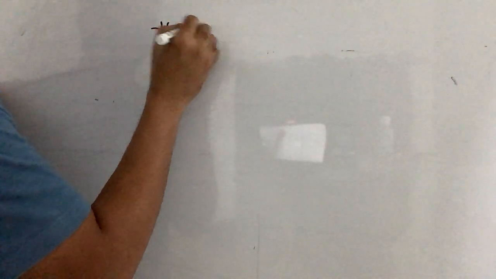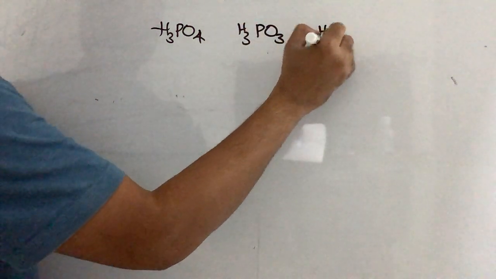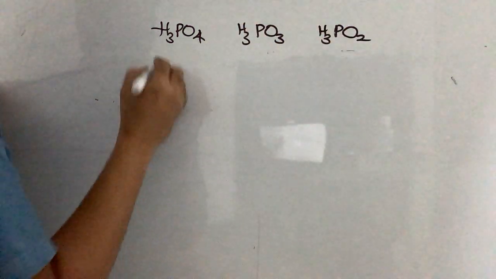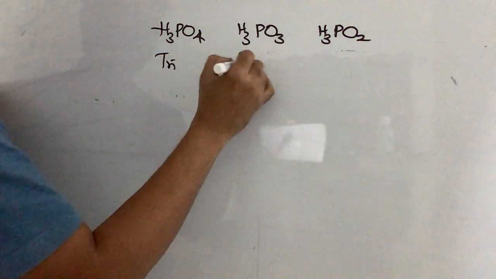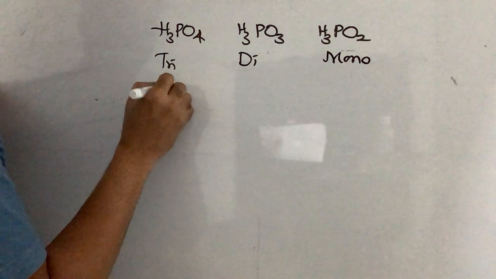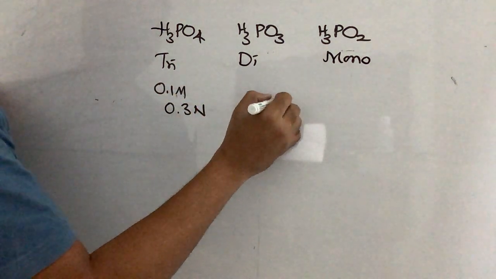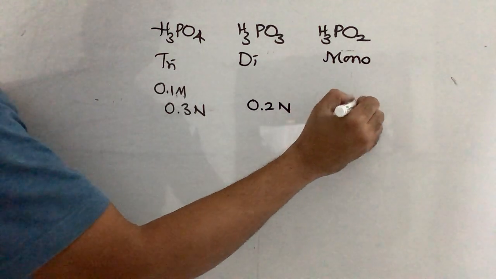One typical example, generally students get confused. H3PO4, H3PO3, H3PO2. It's a tribasic acid, it's a dibasic acid, it's a monobasic acid. If you are given 0.1 molar, it is 0.3 normal, it is 0.2 normal, it's going to be 0.1 normal only.